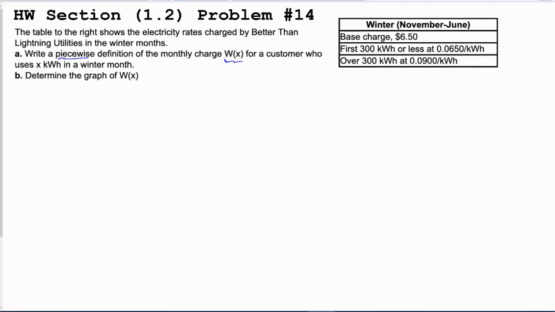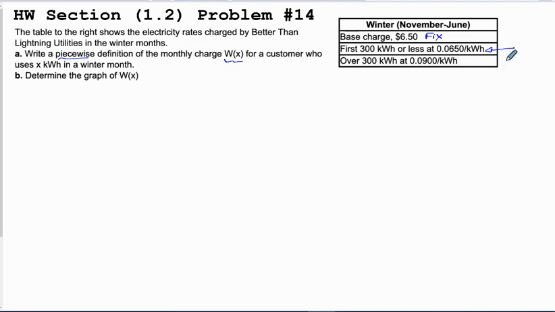Part B says determine the graph of W of x. So up here, the base charge is considered a fixed charge. That means you're going to pay that amount as a starting point for having the connection, and then you're going to pay based on how many kilowatt hours you use. The first 300 kilowatt hours or less, you'll pay a rate of 0.065 per kilowatt hour.